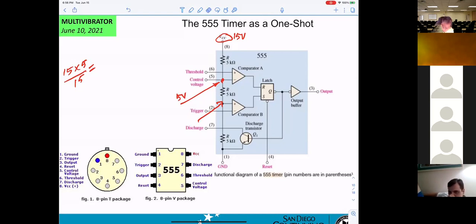Yes, sorry. Times 10 over 15. So that's supposed to be 10 volts, and this is supposed to be 5 volts. Okay, how much is the last resistor?